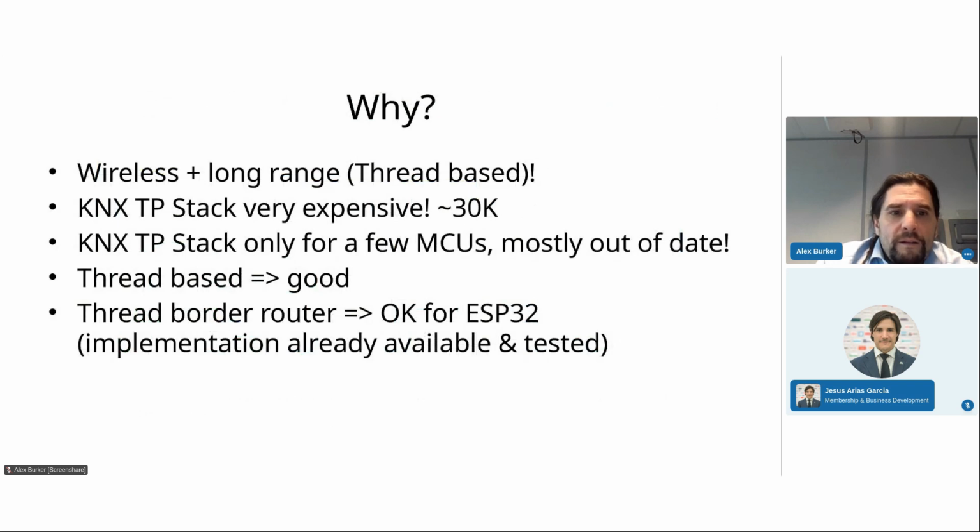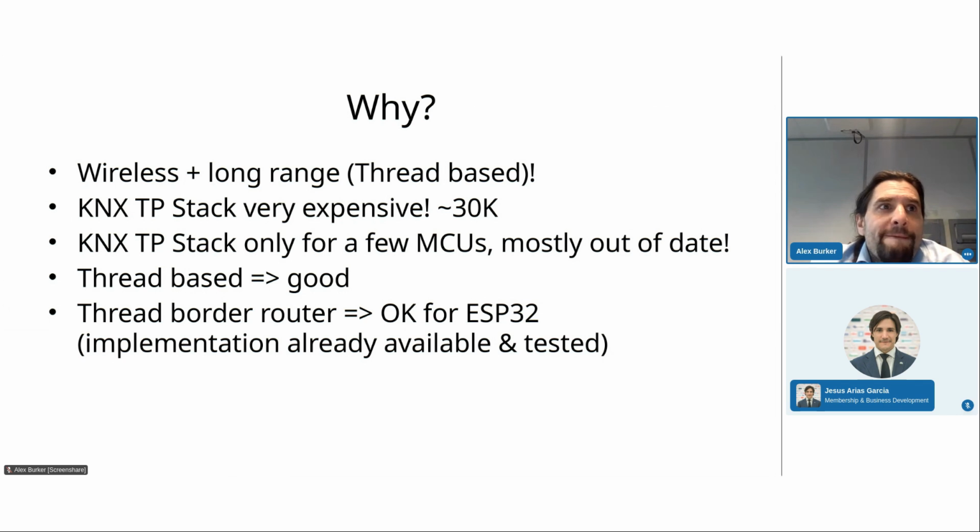For the reasons why we ended up with KNX IoT, most of the points I already gave you. The other thing is that the KNX twisted pair stacks were only for a few MCUs, and they are normally very old and mostly out of date.